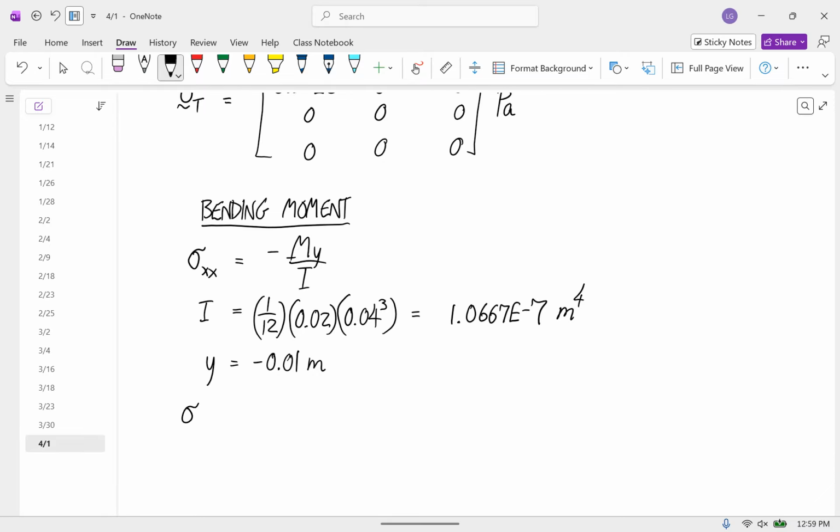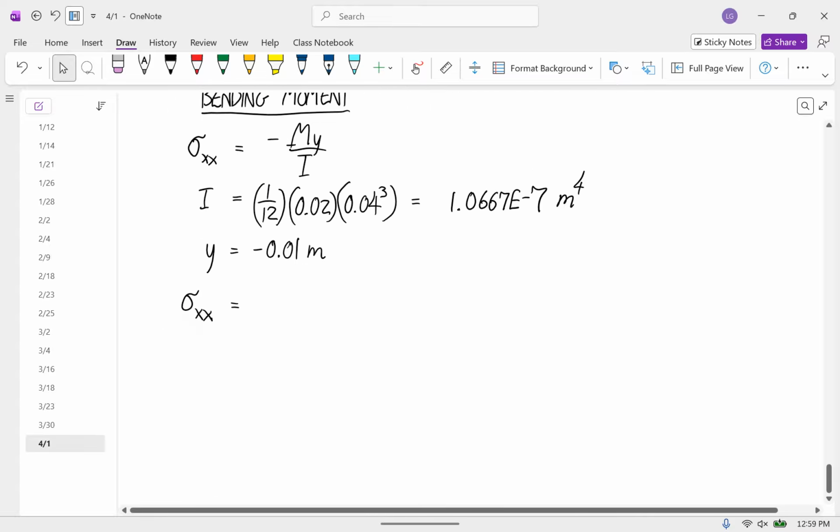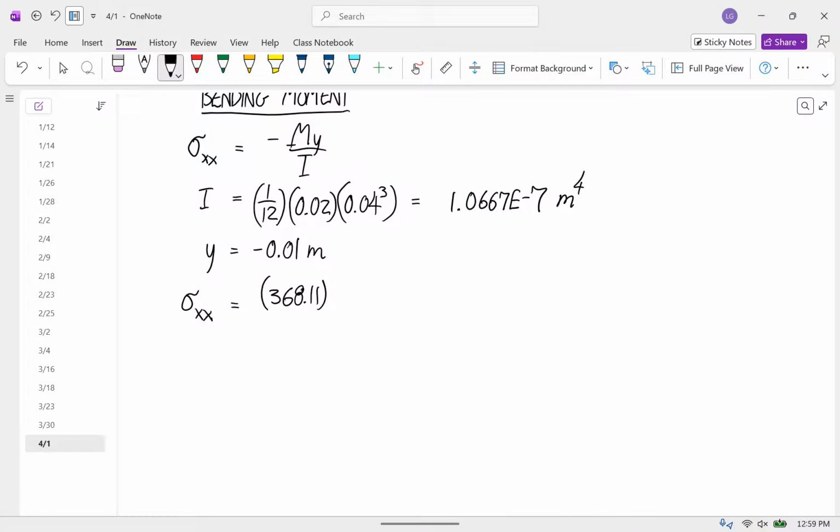And so sigma xx is equal to, I get my bending moment, 368.11. So 368.11 times negative 0.01 divided by I. Divided by 1.0667 times 10 to the minus 7.